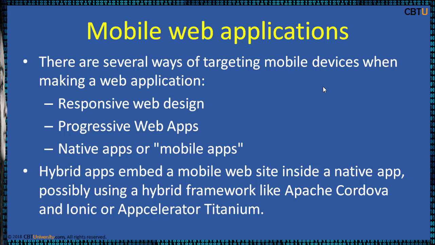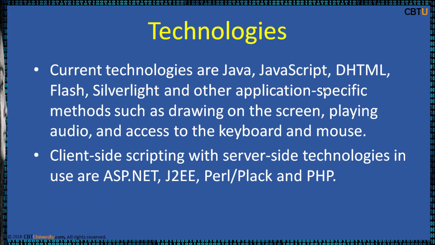It can be responsive web design, progressive web apps, or native apps, also called mobile apps. Hybrid apps embed a mobile website inside a native app, possibly using a hybrid framework like Apache Cordova, Ionic, or Appcelerator Titanium. These are some of the technologies that are in use.